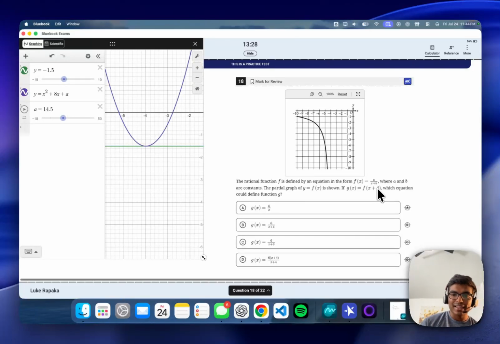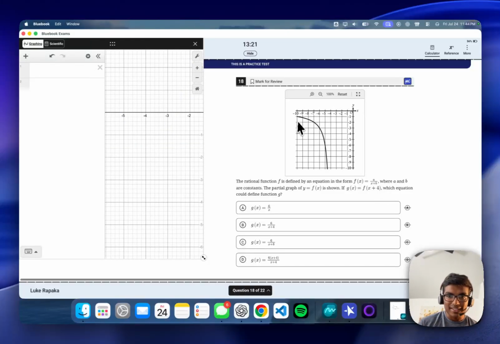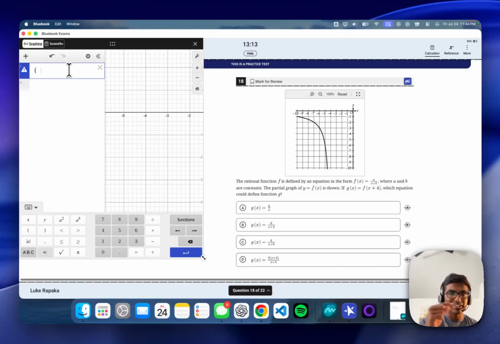And you're bringing that more to the left, shifting that to the left 4 units. So let's take this point, negative 10, negative 1. If I put in the new point, which would be, because I'm shifting it to the left, negative 14, negative 1, that would be the new point. So whatever I put in for this, any of these equations, if you plug in the x value, it has to give you negative 1.